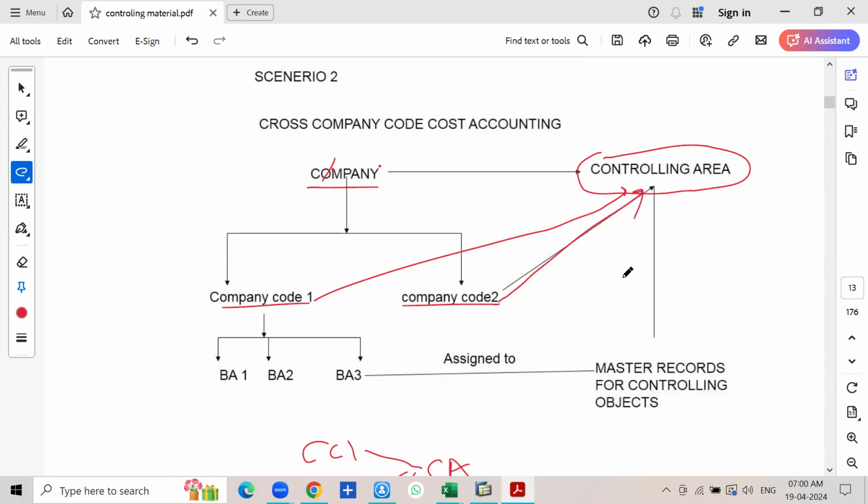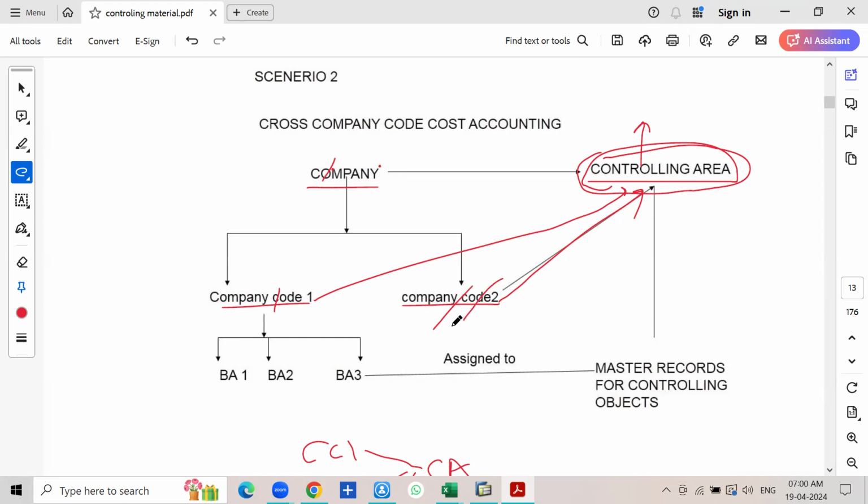Then what happens? All the expenses and revenue information of company code 1 and company code 2 is available in the same controlling area, right? So at this controlling area level, now we can compare the total expenditure of company code 1 with the total expenditure of company code 2. We can compare the total revenues of company code 1 with the total revenues of company code 2.